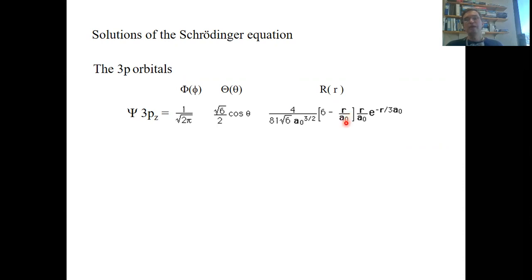Well, it's at r equal to 6a0, because at 6a0, this term becomes 0, and when this term becomes 0, then the overall wave function becomes 0. 6a0 over a0 gives 6, and 6 minus 6 gives 0.